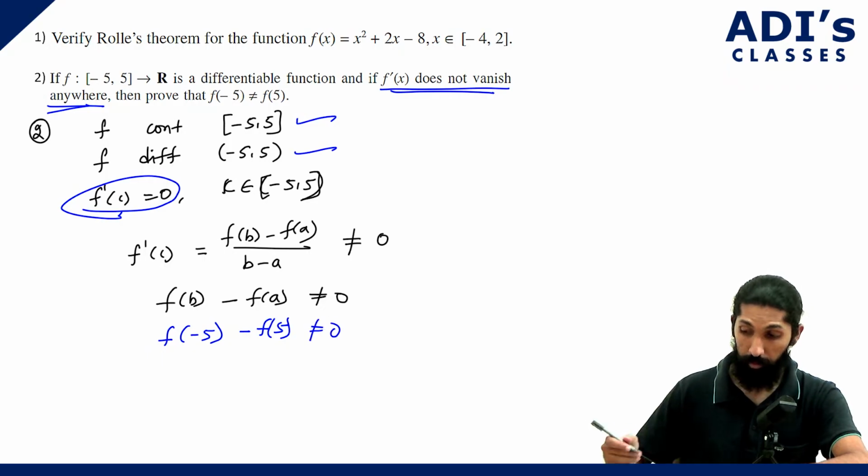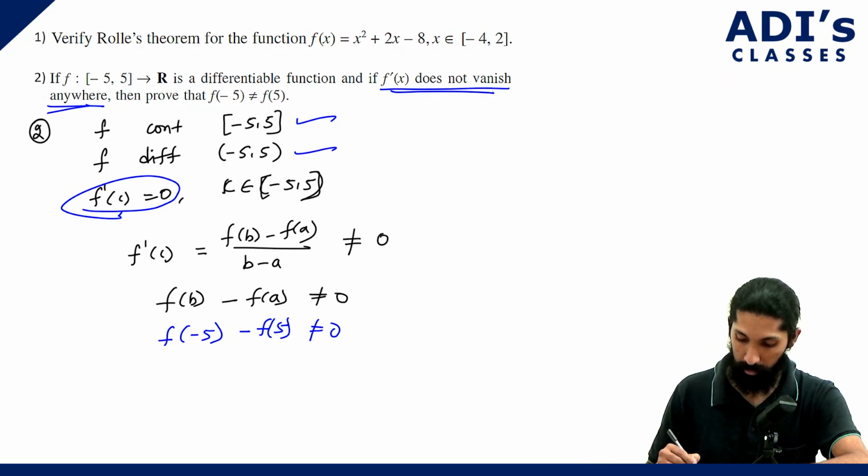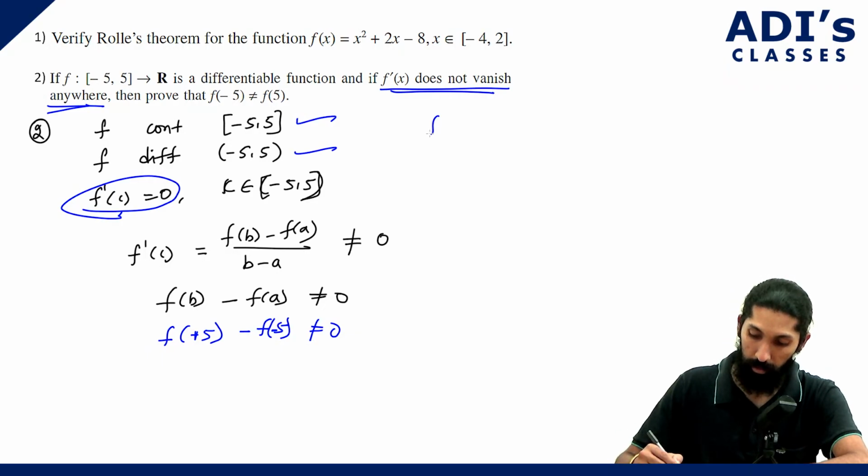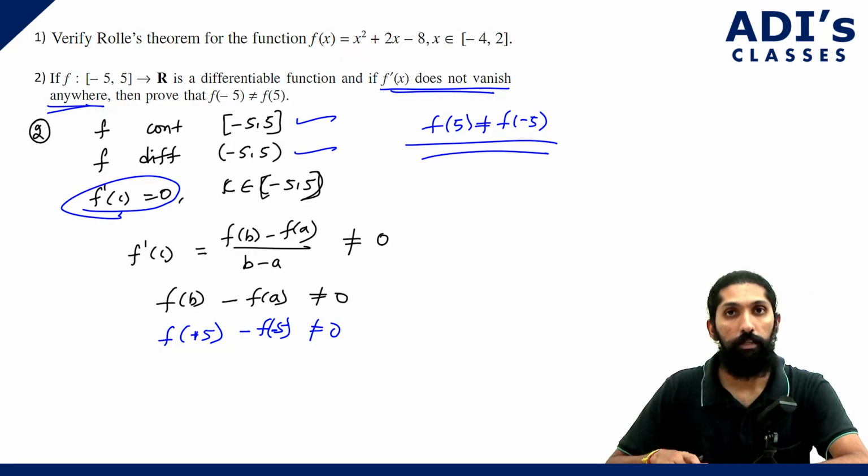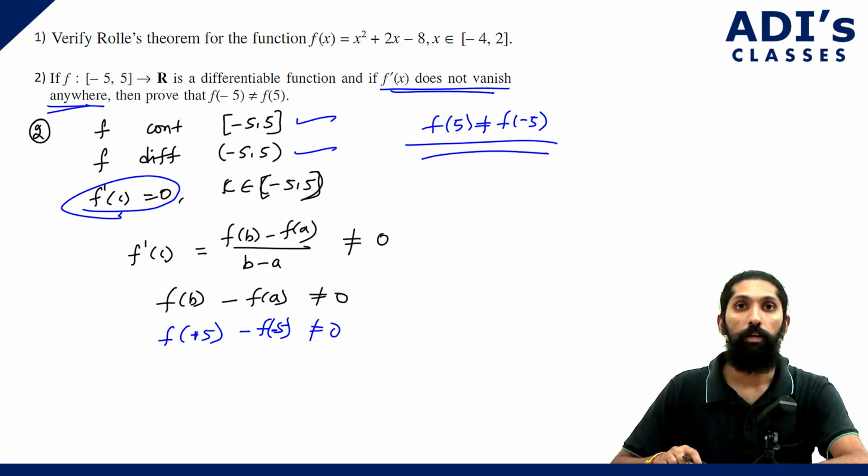Our b value in this case is plus 5, and this one is minus 5. So if you transpose, what do you get? f of 5 is not equal to f of minus 5. We just proved that.